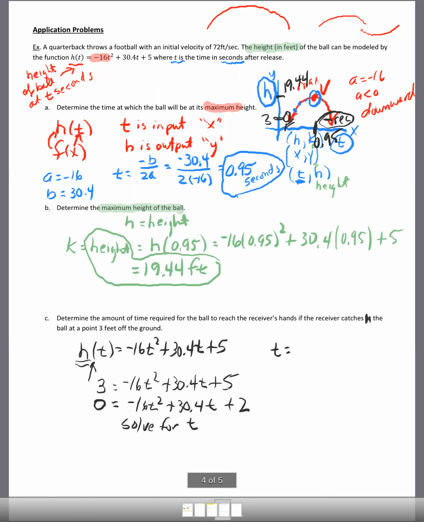And the quadratic formula says take the opposite of your b, plus or minus the square root. You want to square your b, minus 4 times a times c, all over 2a.